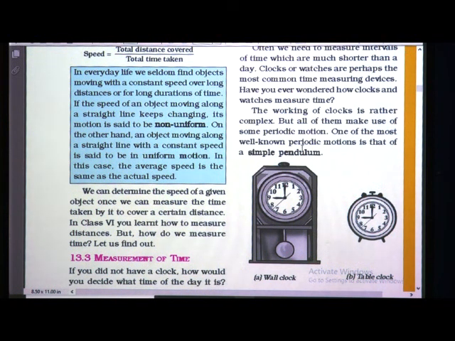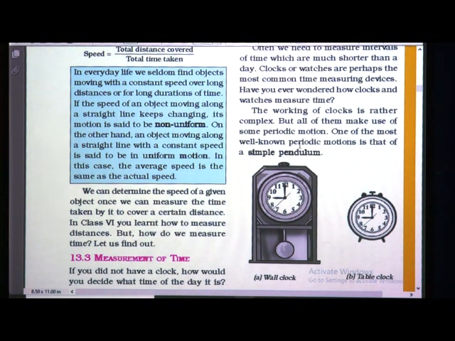When the first clock was discovered, our ancestors were also surprised at how these clocks could work. The working is a very complex process, but if you try to understand it, it will be very easy.